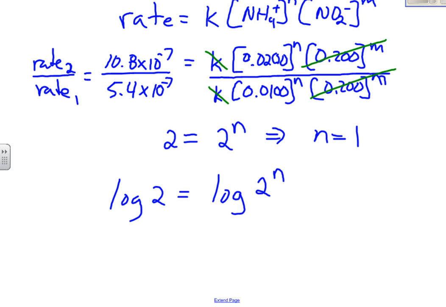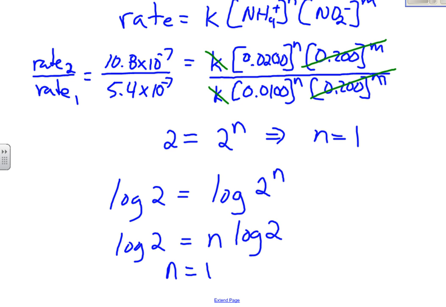And of course, from our pre-calculus, I would imagine, we know the property of logs is that if we take the log of any number raised to the n power, we can put the exponent out in front. So we get n log of 2. Then it's a matter of plugging numbers into your calculator, or in this case, simply realizing that n is equal to 1. But again, that wouldn't necessarily be the case for all problems.